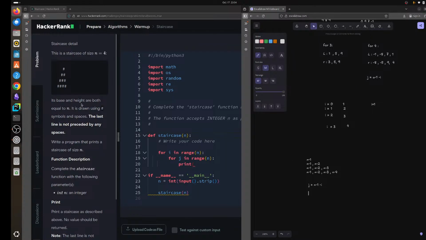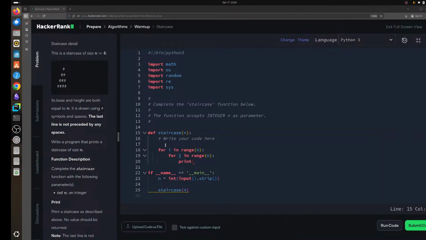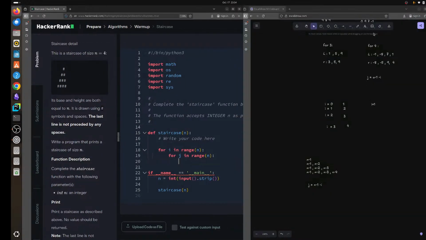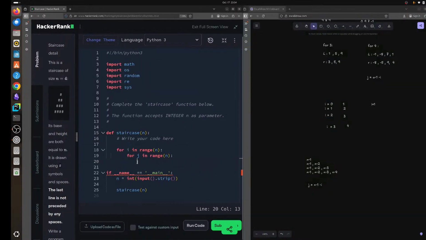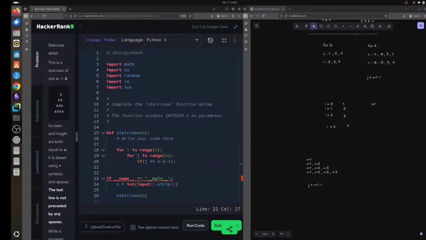So let's convert it. First we need to traverse up to n. n is the number, obviously. Then for j, we go here. Let's keep an if: j equals n minus 1 minus i, then only it will print.